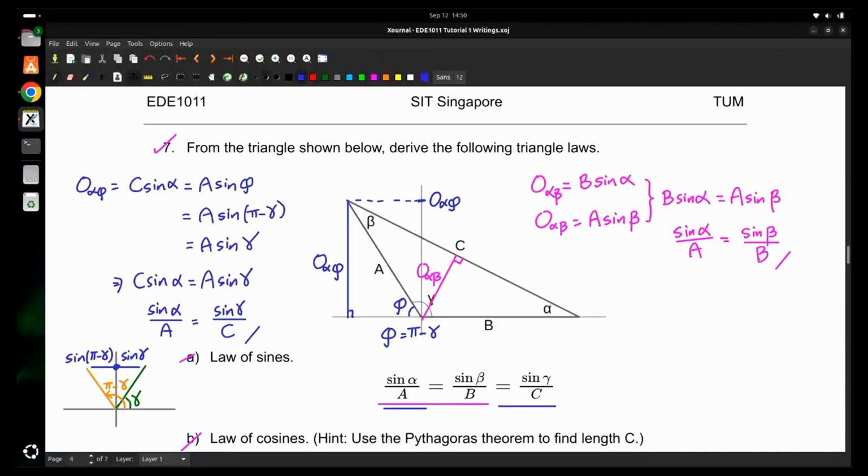You project here and you project here, and it must give you the same thing, because there is this symmetry about the y-axis. So this part is just trying to show it here.